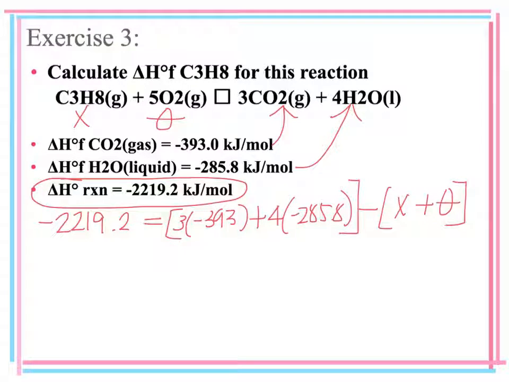So now we start doing that math, and then it's just going to be a matter of solving for X like we learned how to do way back in Algebra 1.